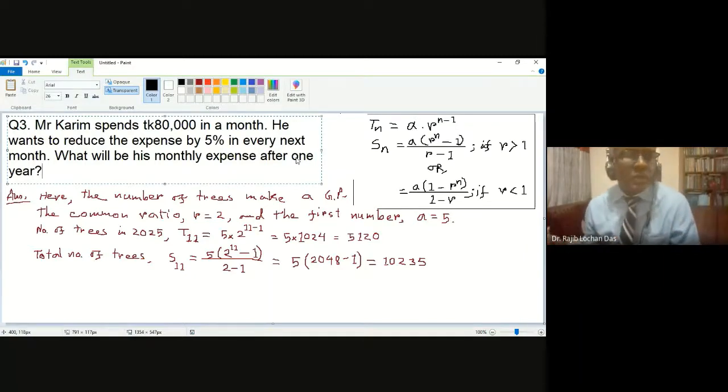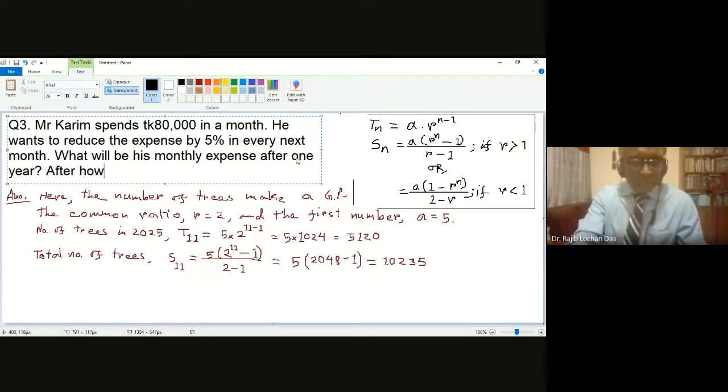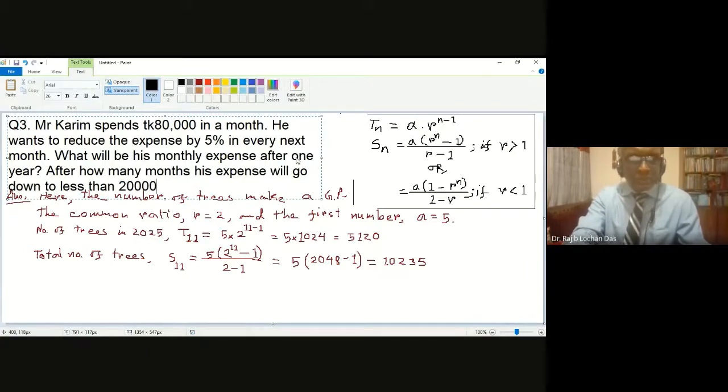This is one question. Another question is, after how many months will his expense go down to less than, say, 20,000? That is another question. So is that okay?